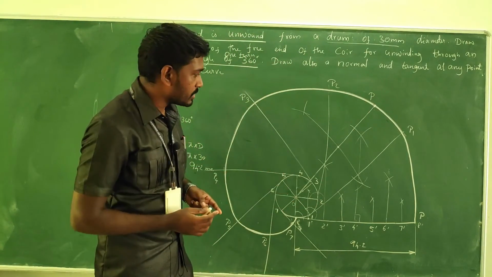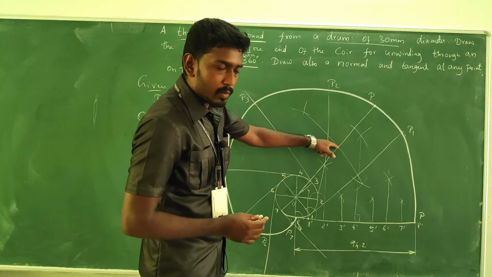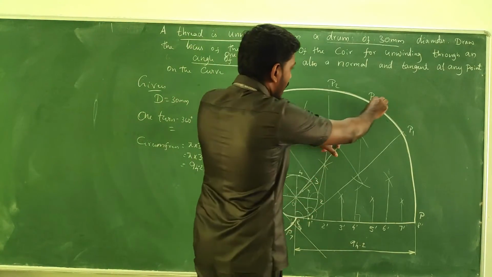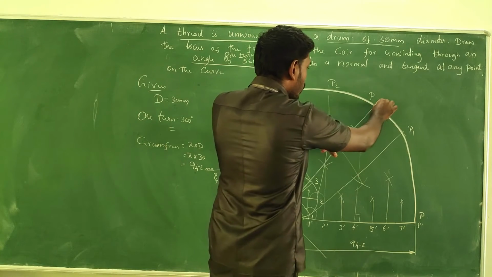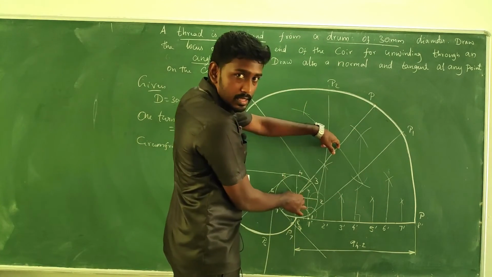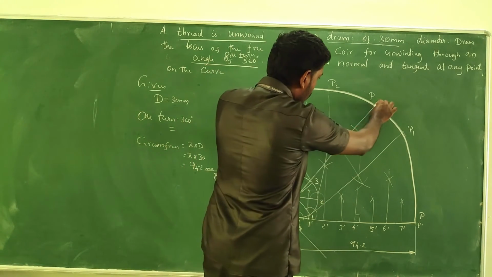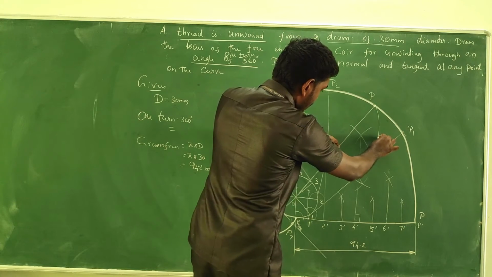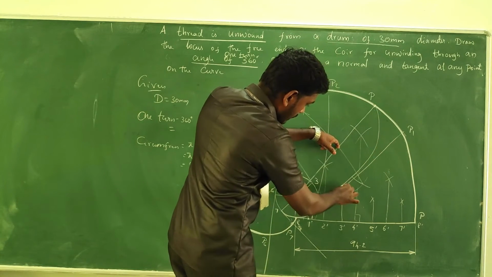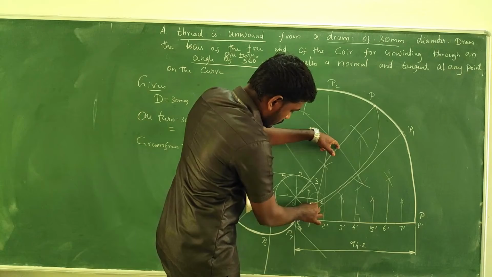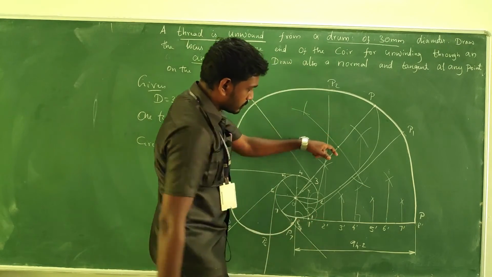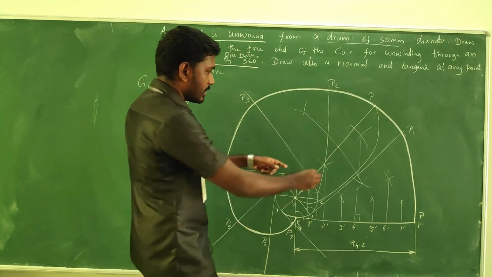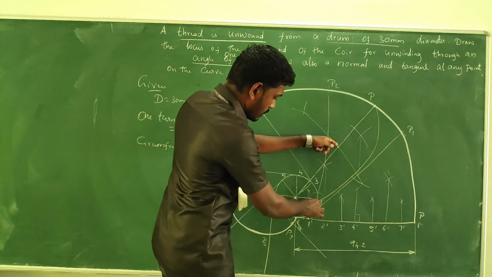Now take your compass, keep this point as a center and measure to P and draw a semicircle, so that the semicircle trace goes like this.